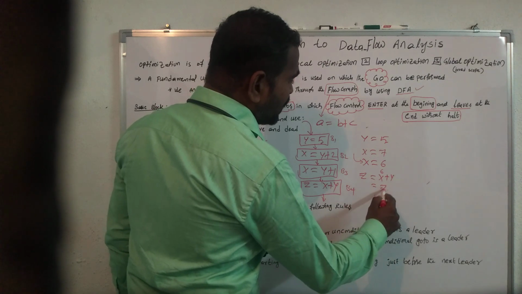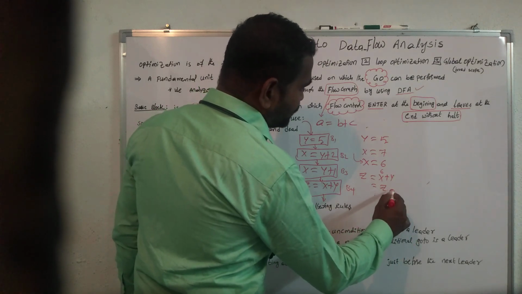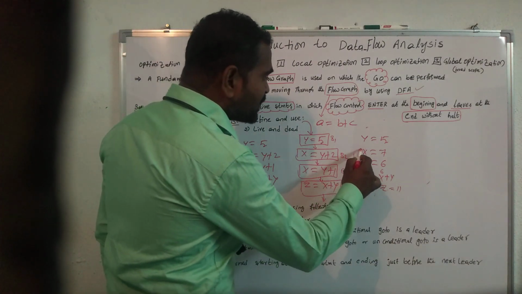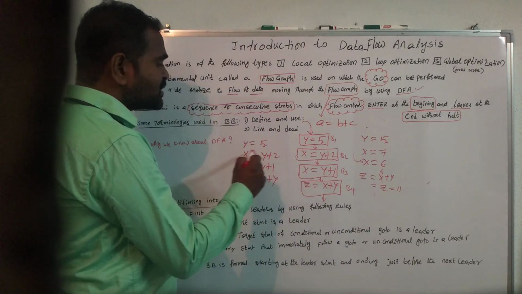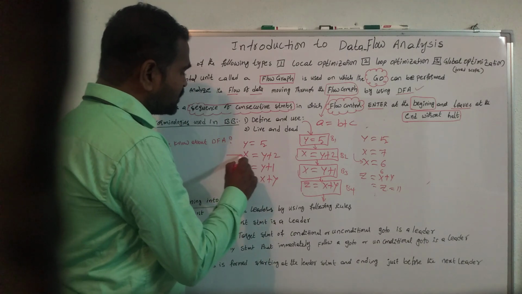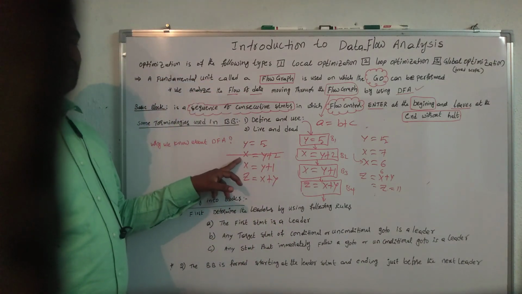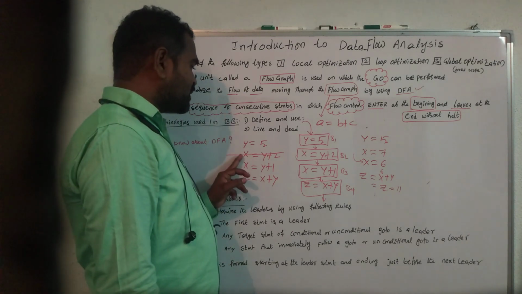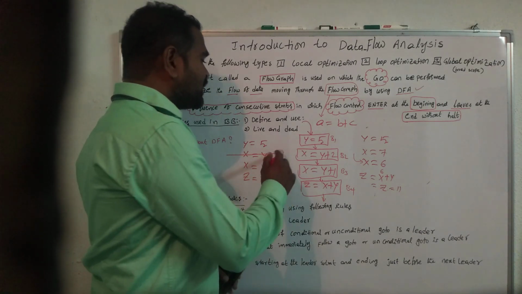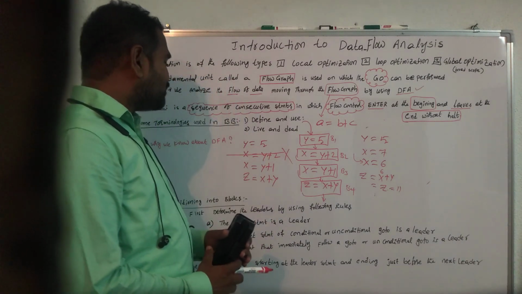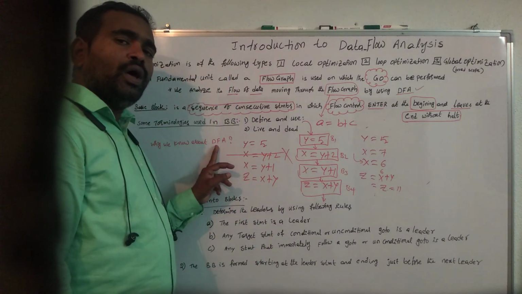So the total z value is 11. That is why this kind of statement is not required. This kind of statement is determined to be a useless statement, and we avoid or eliminate such statements. That is why we learn about data flow analysis.